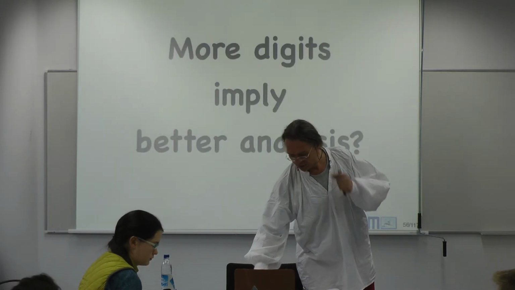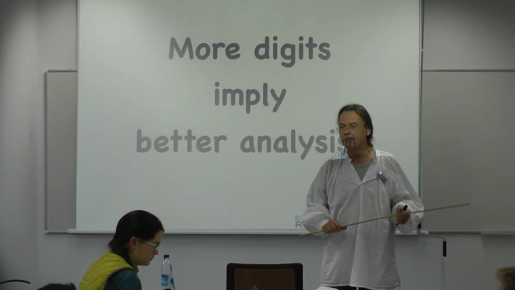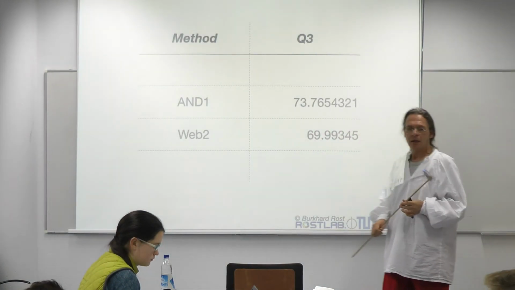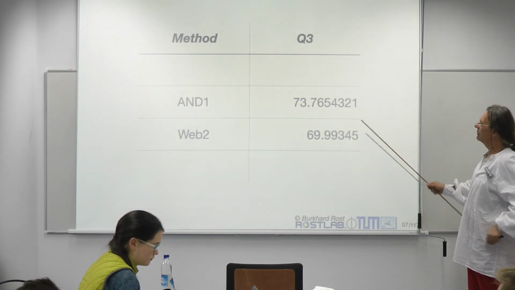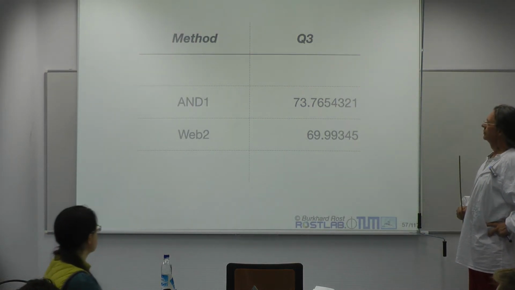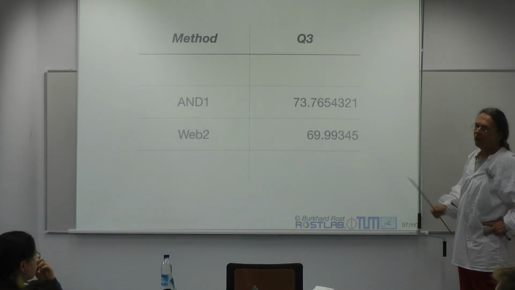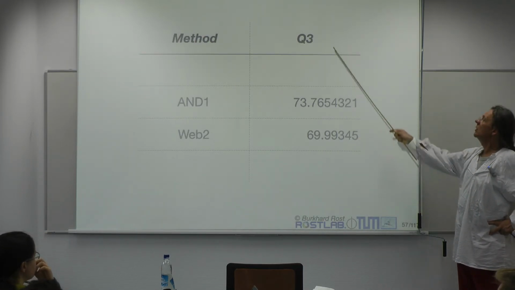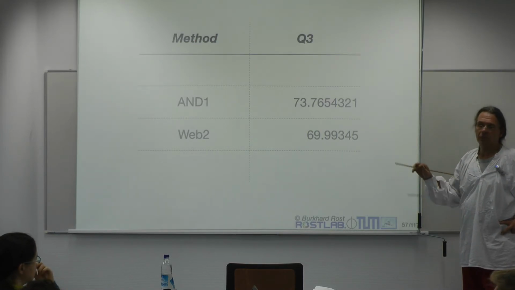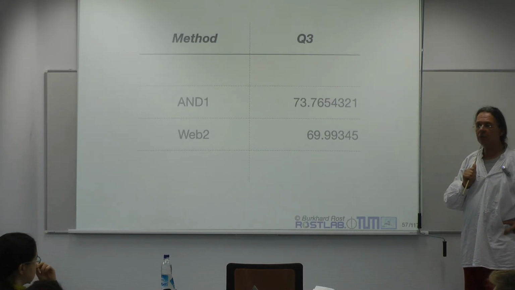The first question here: do more digits imply better analysis or better work ethic? I have two methods, AND1 and Web2. AND1, as you can see, it's a three-state performance here. As you can see, AND1 does numerically do better.